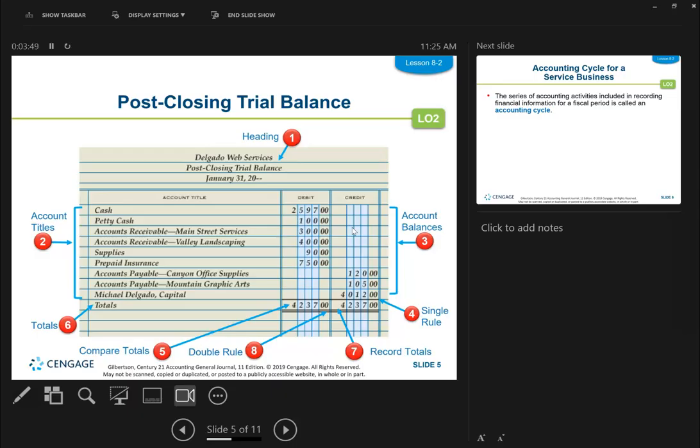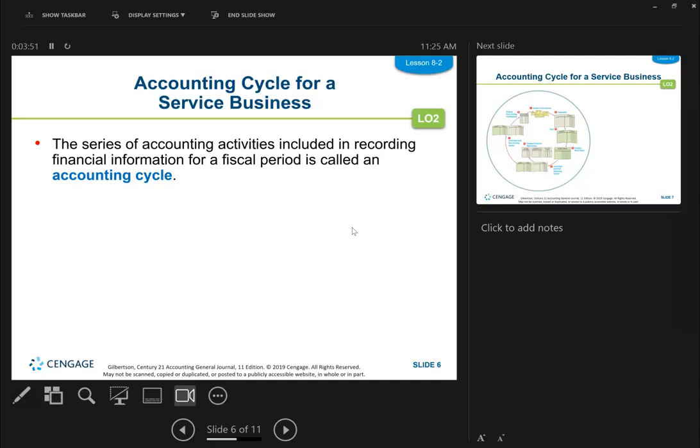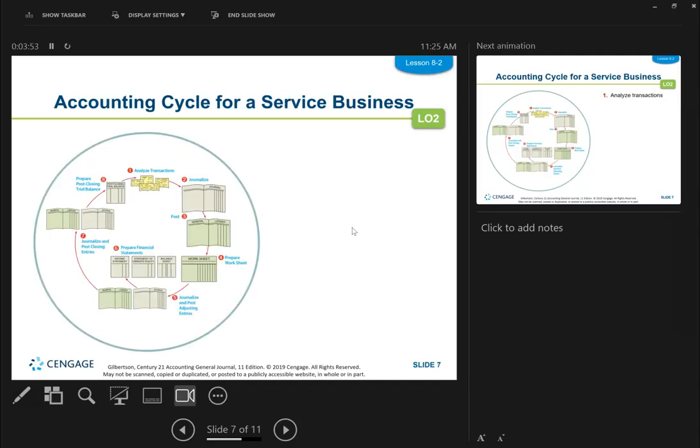Everybody cool? Okay. The accounting cycle, as I talked through at the beginning: we have some transactions that come in, we record those into the journal, and we post from the journal into our individual ledger accounts. From the journal and ledger accounts, we can prepare the worksheet, which we then use to adjust entries.